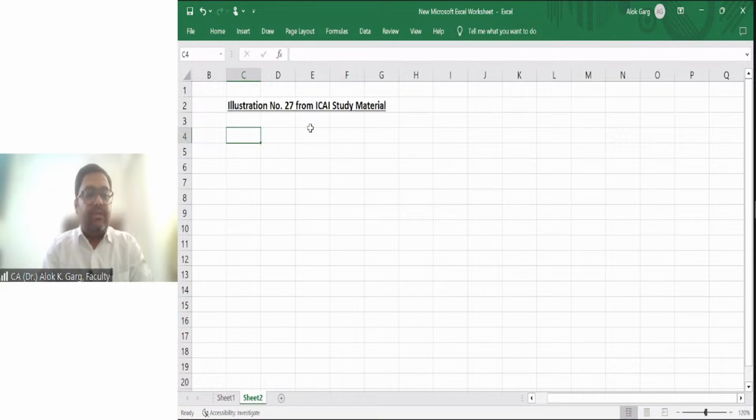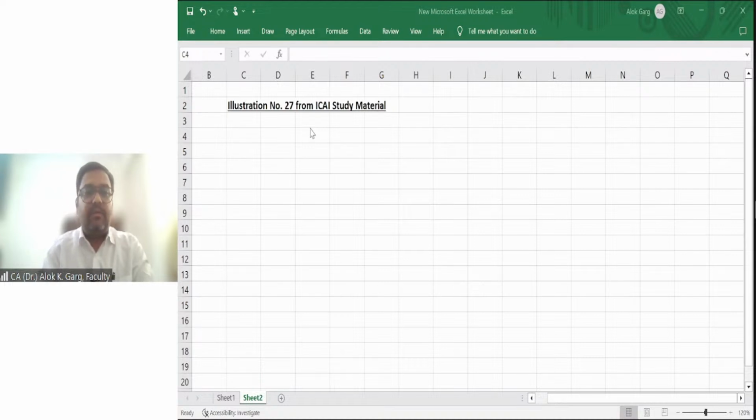What is given in the question? It is given that the lease term is 10 years, and the annual lease payment is at the beginning of every year.